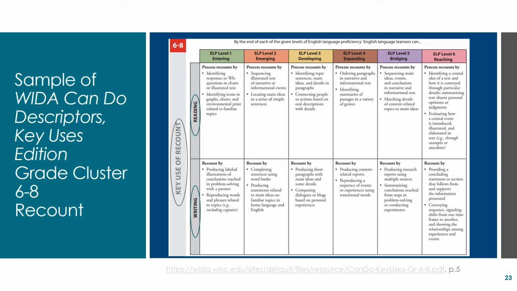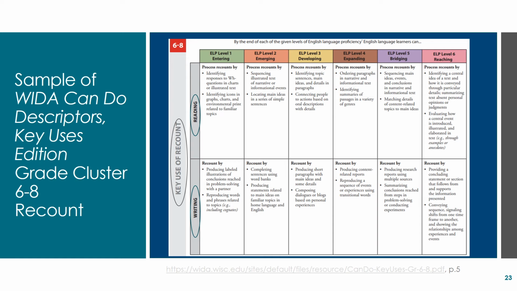And if you take a look at the way that these skills are classified, you will see that, again, for levels 4, 5, and 6, that is where most of your students in your classrooms are, regardless of whether they are ELs or not.